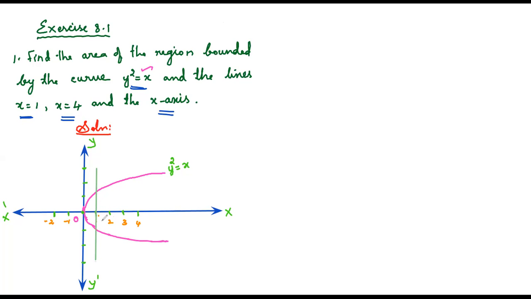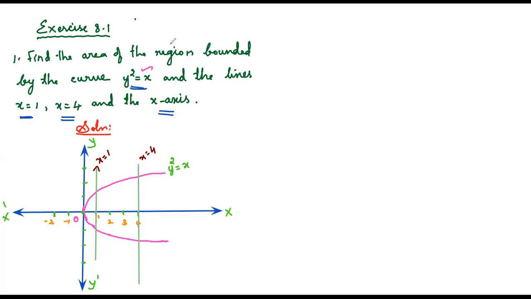That is point 1. And now let's draw the line x is equal to 4, okay, x is equal to 4. So this is x is equal to 1 and this is x is equal to 4.